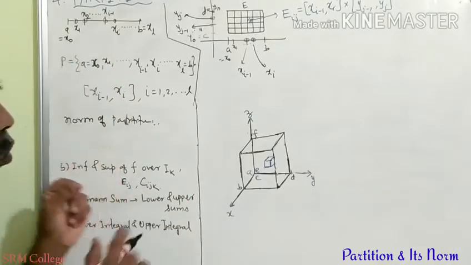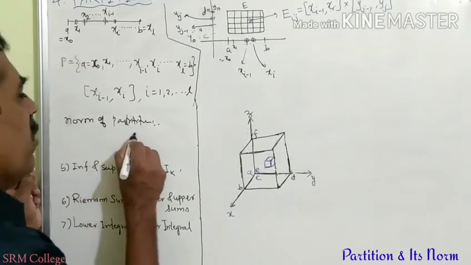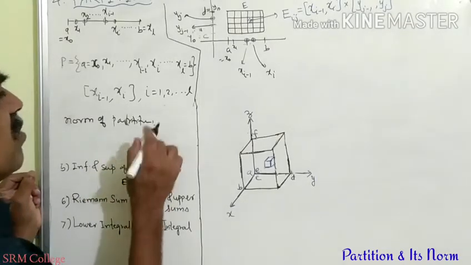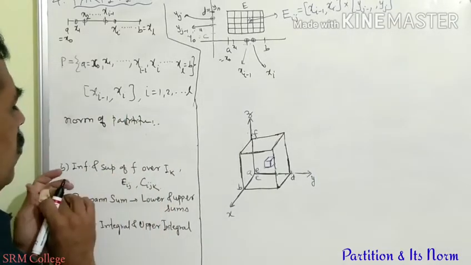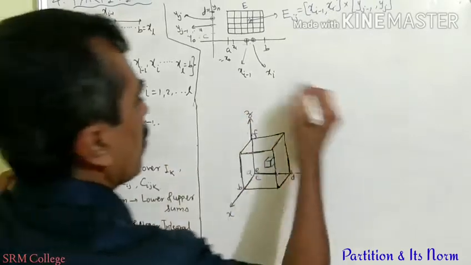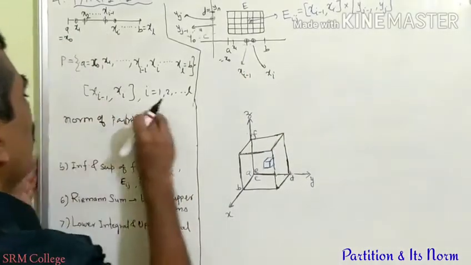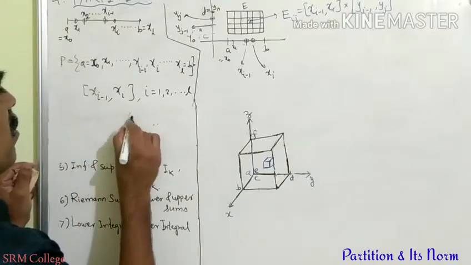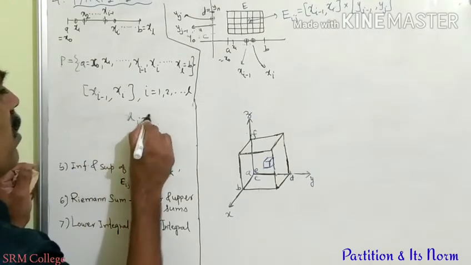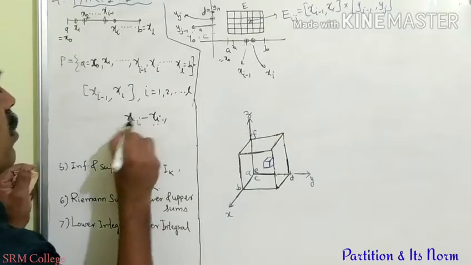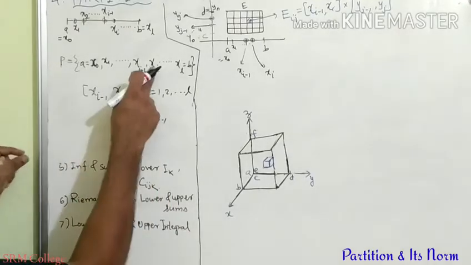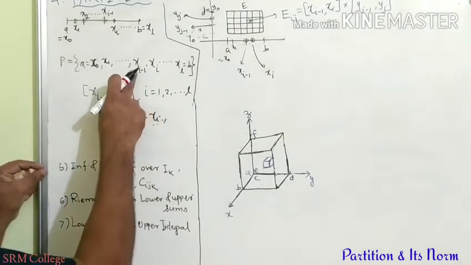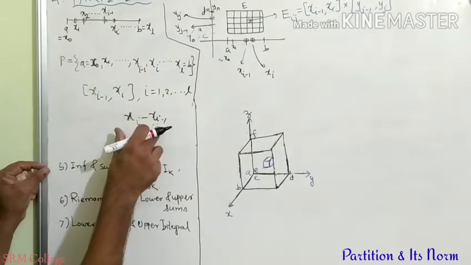Now as these are the subintervals, what is their length? Their length is xi minus x(i-1), because always xi is greater than x(i-1), so there is no need of mod to measure the length.